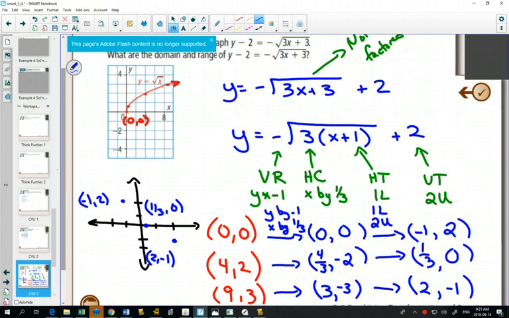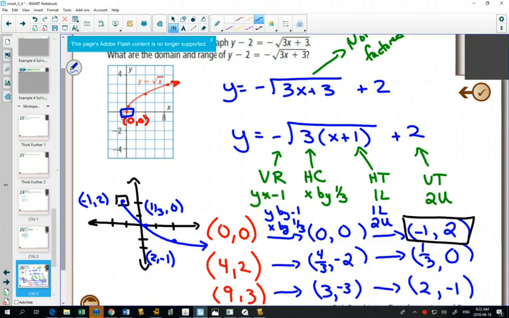Finally, we have to draw this graph. The key thing is we know that this was the starting point, so that means this is the starting point of our transformation, or our image graph. So if that's the starting point, connect the points, have the same general shape that you began with.